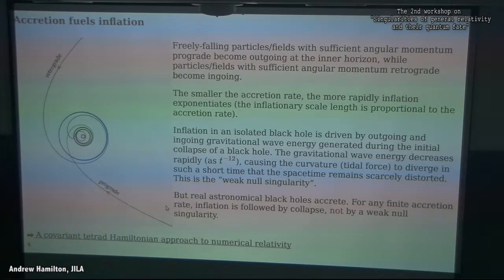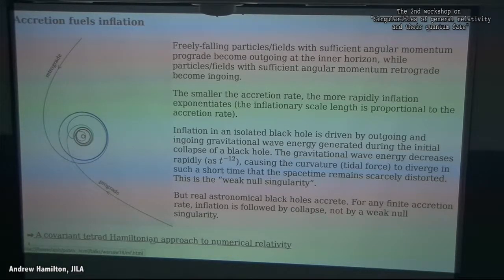Okay. One of the things I've been very interested in doing, a policy I've been trying to follow for many years, is rather than attack the singularity directly, to do all the calculations that you possibly can to get up to the singularity. So one of the things I've been trying to do was calculate what happens as a result of inflation.